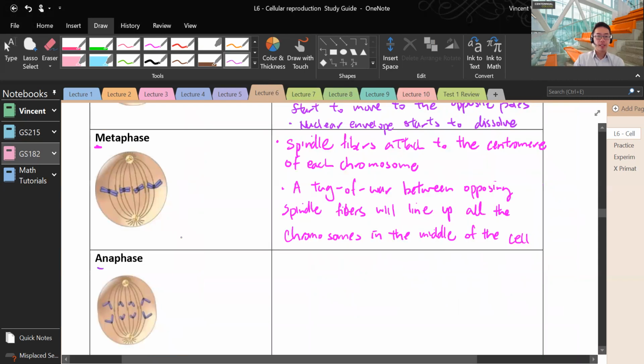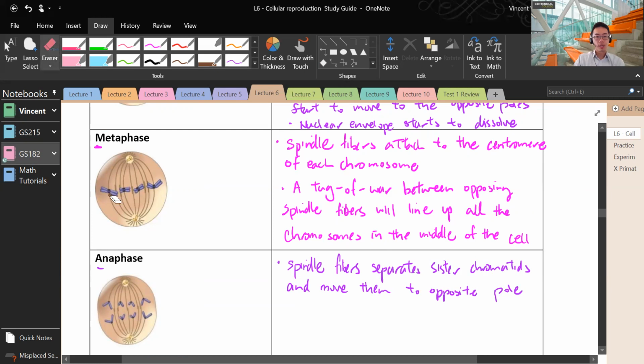And we have anaphase next. Right? A is for apart. Right? So spindle fibers separate sister chromatids and move them to opposite poles.